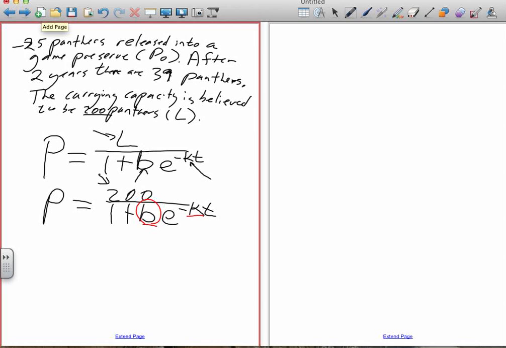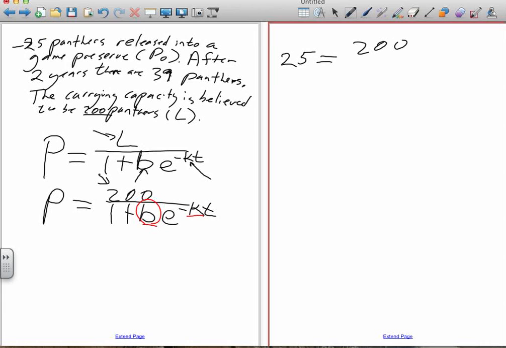So we have 25 Panthers, and it's going to be 200 over 1 plus B times e to the negative k times 0. That goes to 1. So you end up with 25 equals 200 over 1 plus B.